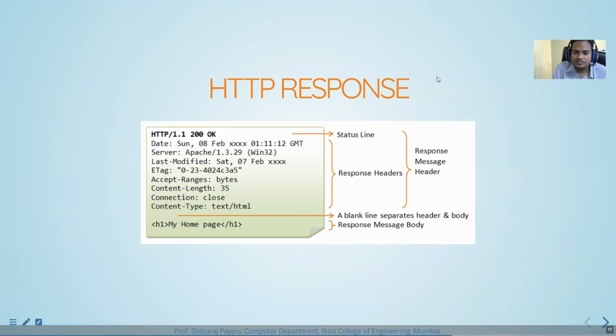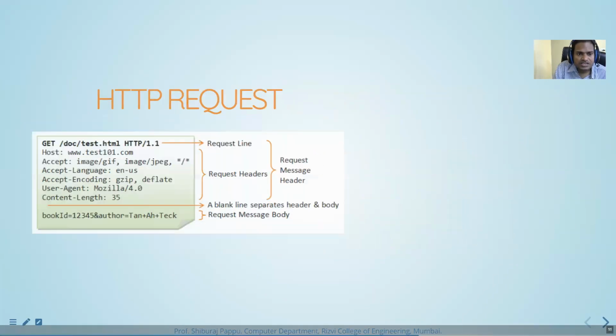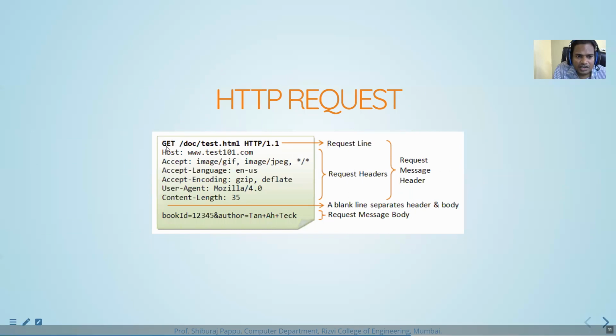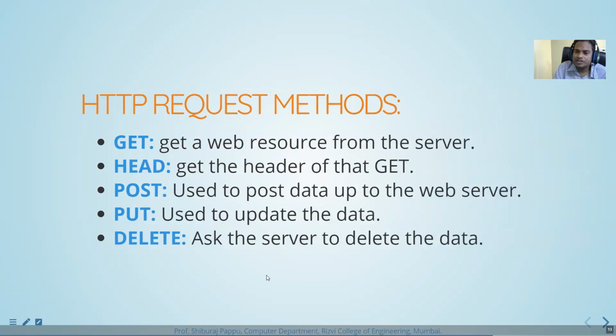Let's go to the next part, that is the various request methods. In the request, I have told you that the first part is the method, the request method. So let us see what all methods are there. This is very important for anyone who is going to be an API developer.